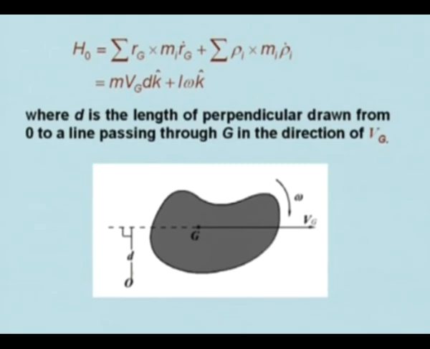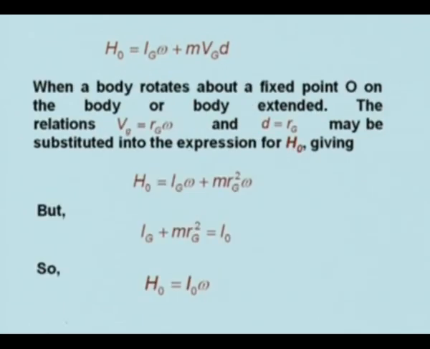So therefore if the perpendicular distance is d, then M Vg into d k plus I omega into k. So this is I omega into k. D is the length of the perpendicular drawn from O to a line passing through G in the direction of Vg. So this is what you get, H naught is equal to M Vg d plus I omega into k, that is for a plane motion.